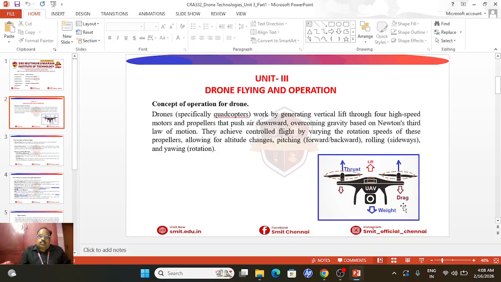According to Newton's third law of motion, it will lift by means of the drag force occurring. All the components are made inside the frame, so that the lift as well as the drag force occur. So normally the flying occurs in this manner.